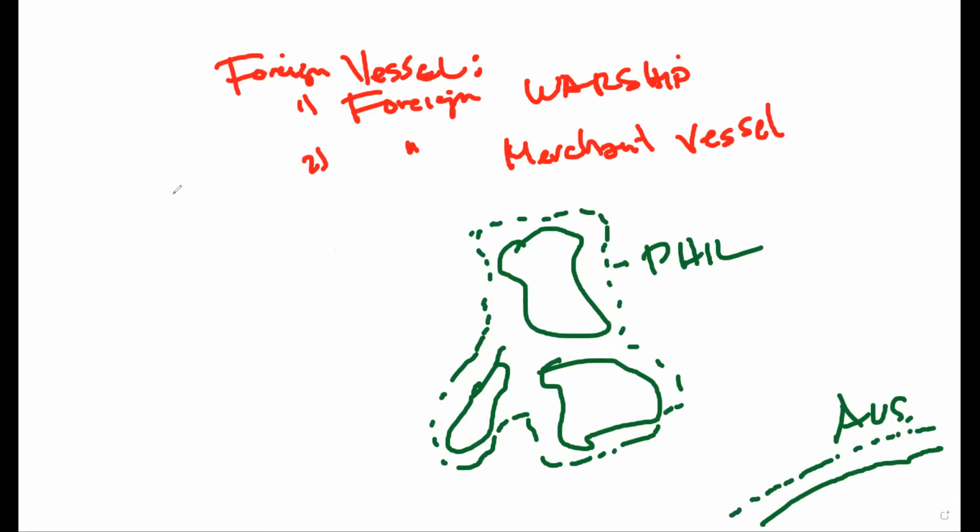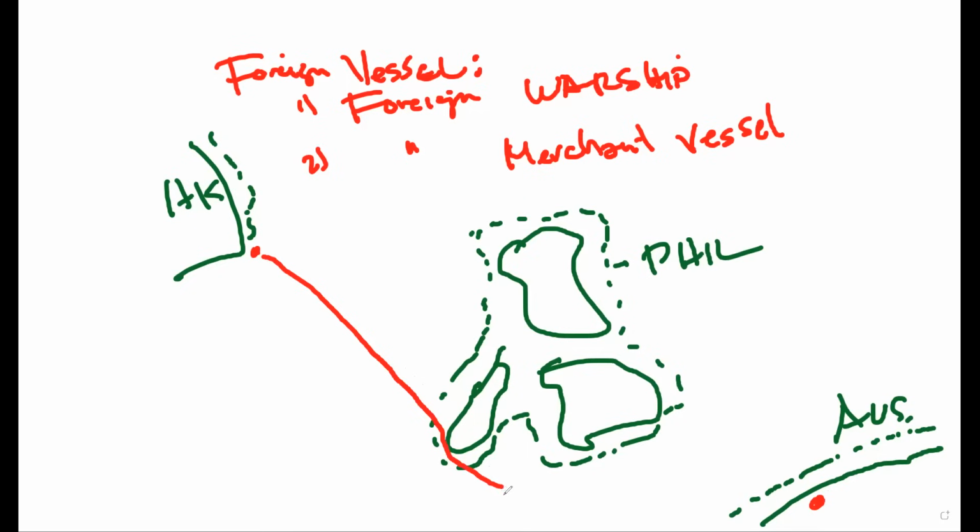Now we have Hong Kong, China. So there's a specific private cargo ship from Hong Kong ordered to deliver cargoes in Australia. Ang route niya is passing through this one. Dadaan siya ng Philippine territory to go to Australia.